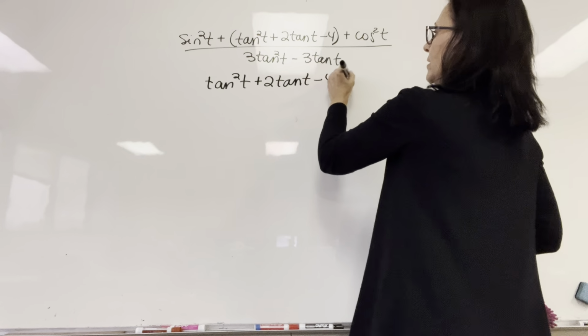What is the numerator factored? Factors of -3 such that we add them to get +2. +3, -1. Exactly.